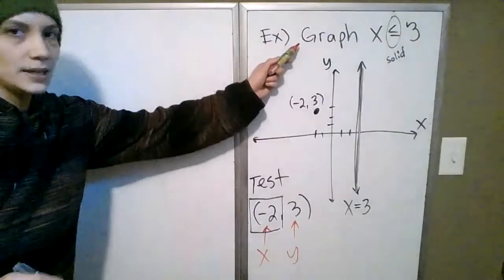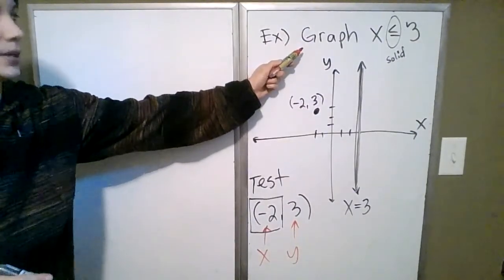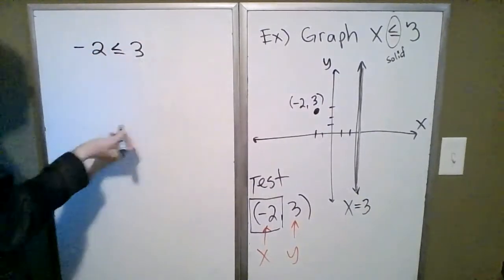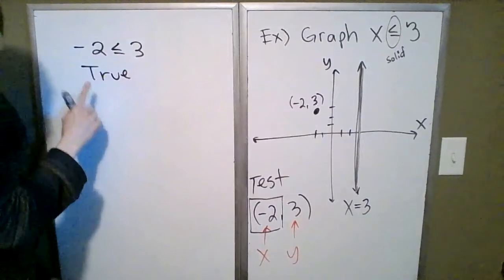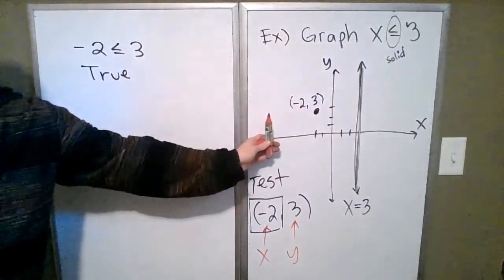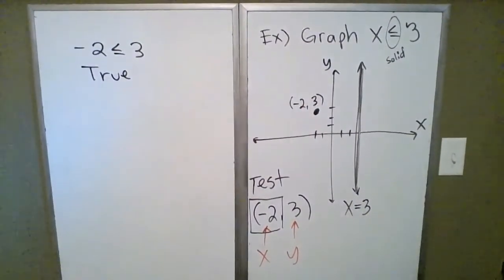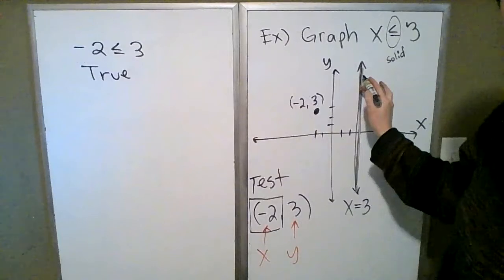Okay, so back to the beginning, we're putting in -2, and is that less than or equal to 3? Yes, it is. That's true. So I do want to shade over this point, and then all points on that side of the line are solutions as well. So you can come up to the line and include the line, just don't go past.